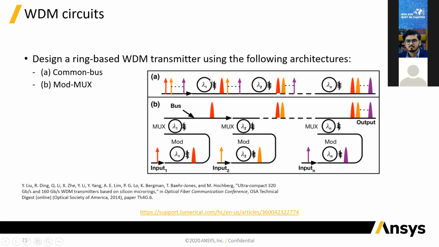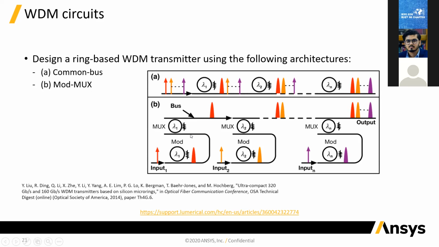For channel 1, you're encoding your signal on a particular wavelength. For channel 2, again, you encode your signal on a separate wavelength, and so on. Once the optical signal goes through all the different modulators, you have information encoded on different wavelengths, and then you just transmit it over a particular channel and receive it on the other side.